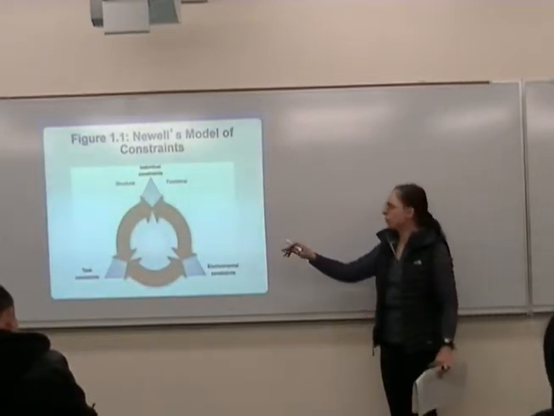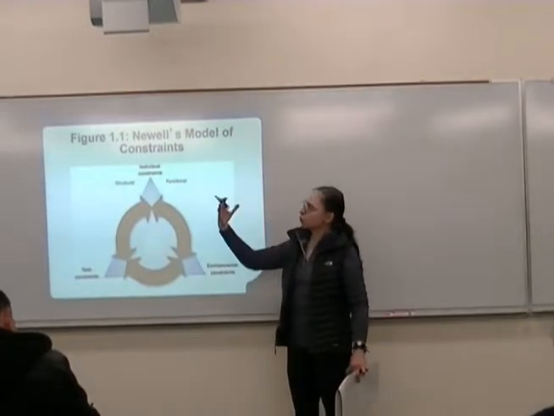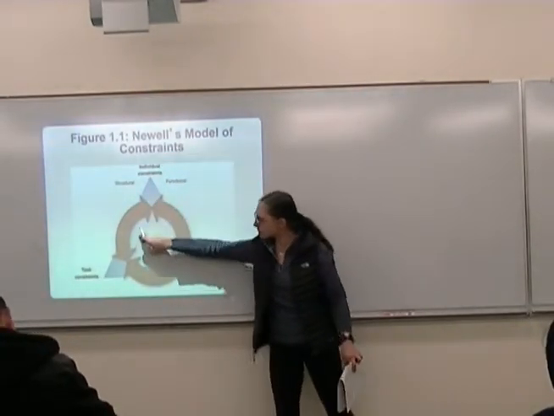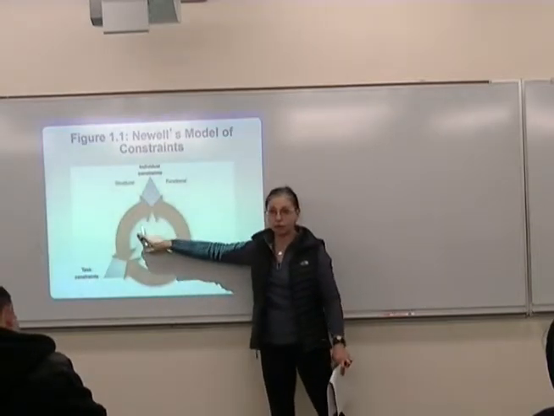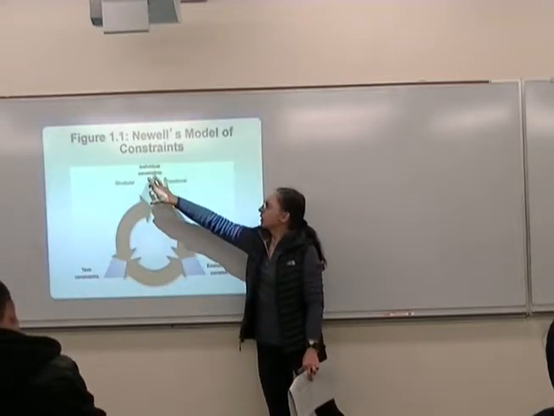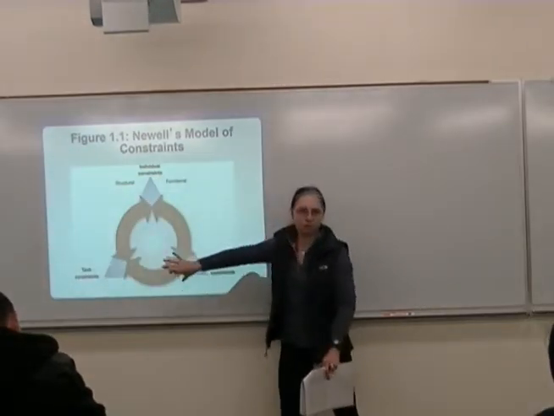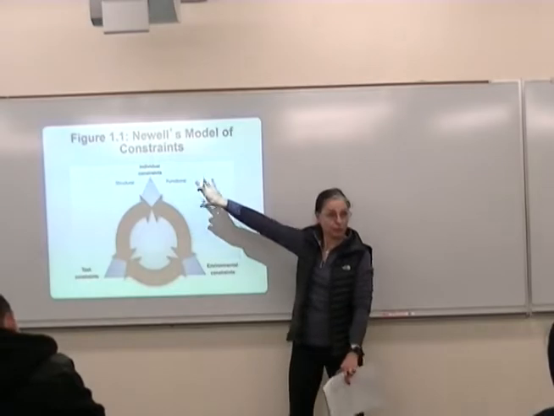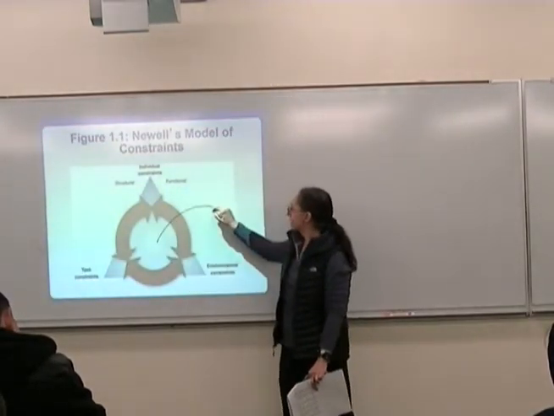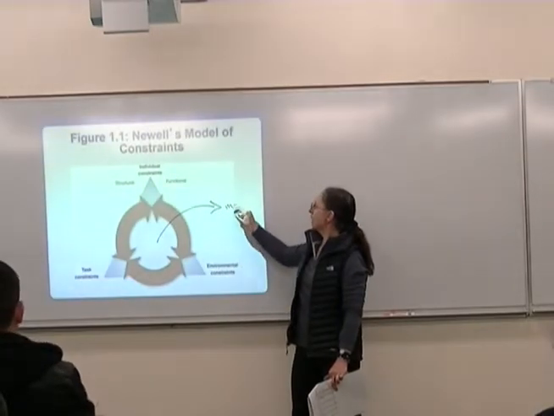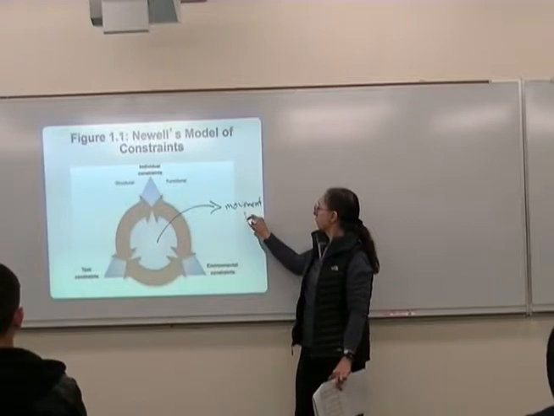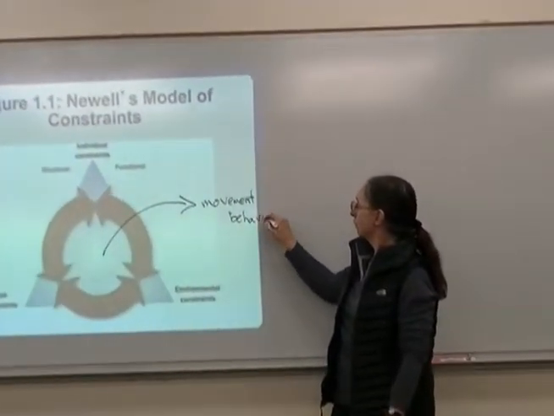We'll come back to that word in a minute. And what he was trying to put forwards in the model, the reason we have these circular arrows on the triangle here, is that what we find is things that are occurring under each of these categories interact with each other, and they impact the movement behavior that I get to observe. All right?